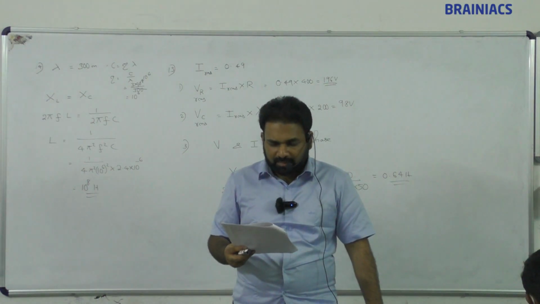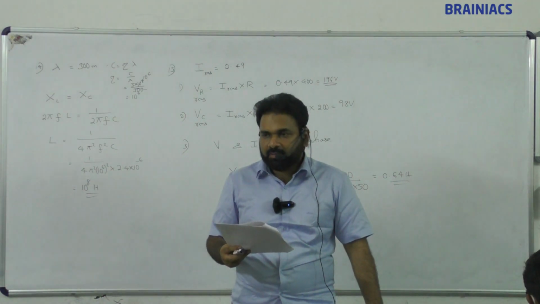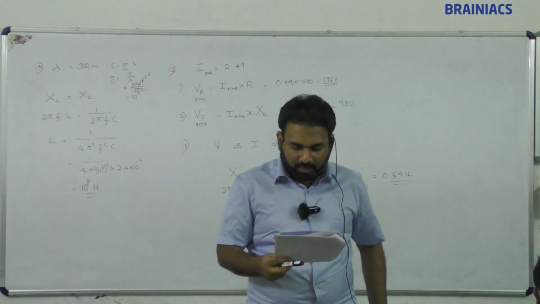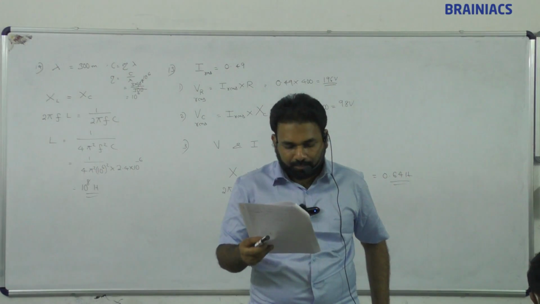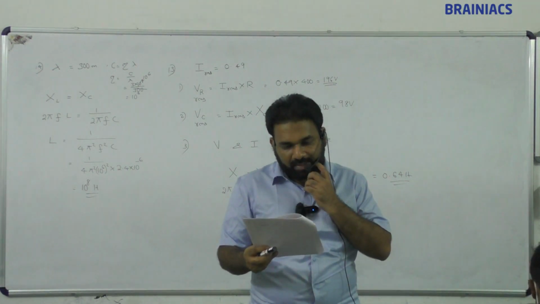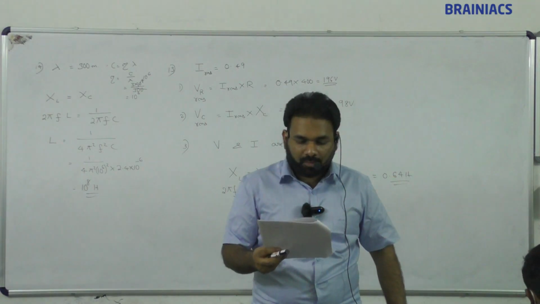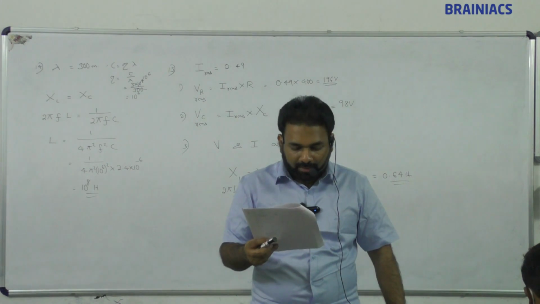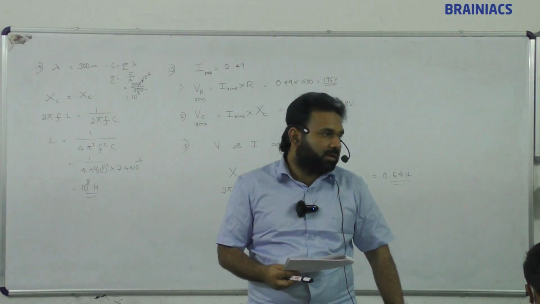Impedance is root of R square plus X square, correct? X you will have to find, that is also easy. Peak current is E0 by Z.